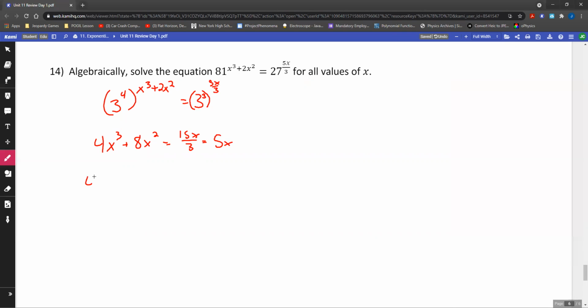So this, if I move things around, so that's supposed to be negative. Pull out an x from the entire thing. Make sure that you actually divide an x out of all of these.